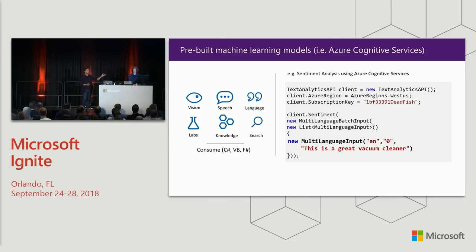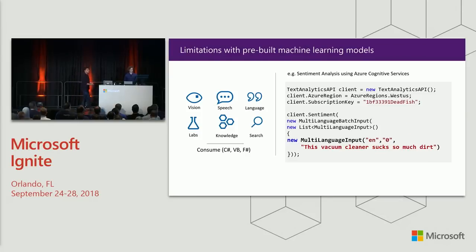The example you're seeing here is sentiment analysis. What we are filing in here is a product review for a vacuum cleaner. The product review says this is a great vacuum cleaner, and I give it to the text analytics API, which returns what you probably expect, a positive sentiment for this particular product.